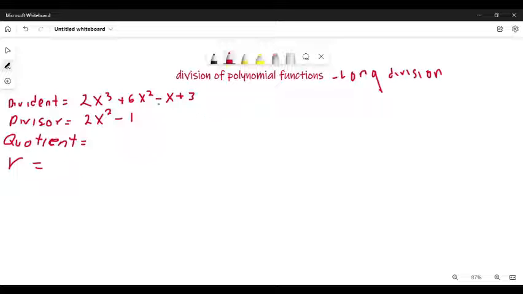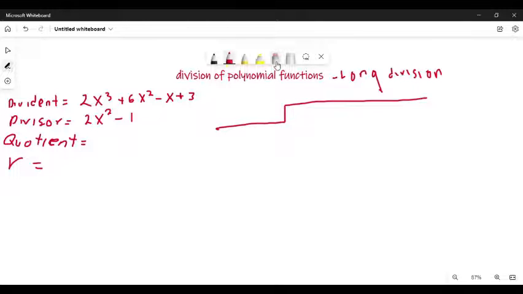So you start. First of all, you check your polynomial. Are your polynomial powers descending in order 3, 2, 1, 0, or ascending in order 0, 1, 2, 3? Yes. Then you can write your polynomial like this. You divide, you write this. Let me do this.